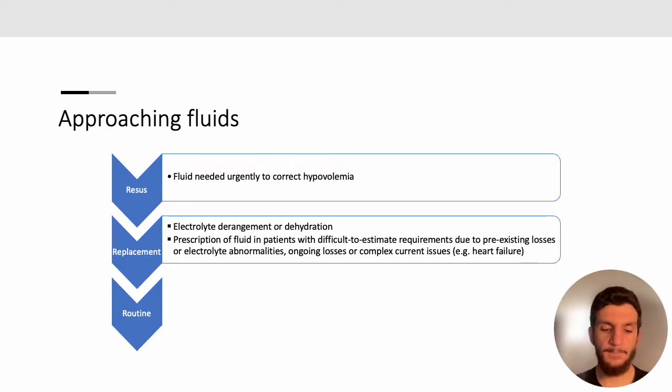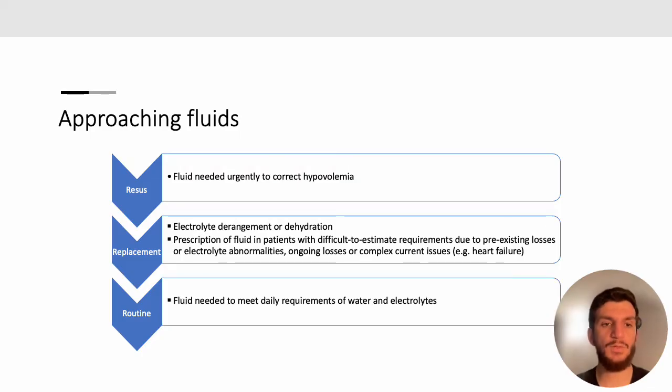If it's not their basic daily requirements and it's not for resus, and it's somewhere in the middle, so perhaps they're sick, perhaps they're dehydrated, they've got AKI, perhaps they're not unstable, but they're not healthy either, and electrolyte derangement or dehydration, we're taking care of complex things, and you're sitting in the remit of replacement. We'll be talking about that for the bulk of the session, but we will touch on the other two shortly.